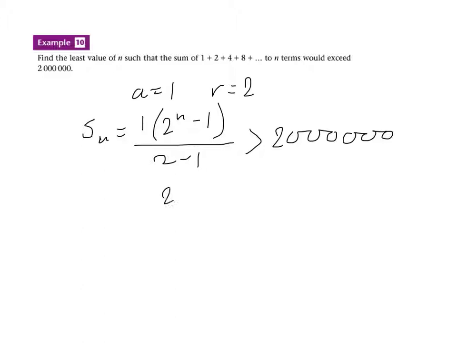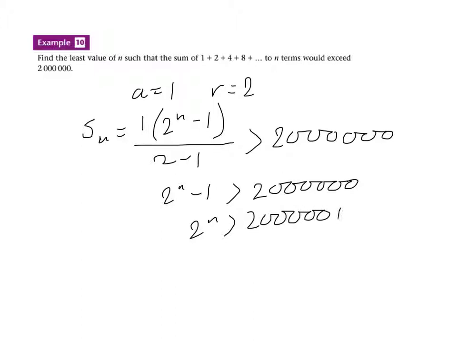So in fact we've got 2 to the n minus 1 is greater than 2 million. That's the calculation we're working out. So we add 1 onto both sides. 2 to the n is greater than 2 million and 1. So taking logs of both sides, bringing the power down, we get n log 2 is greater than log 2 million and 1.